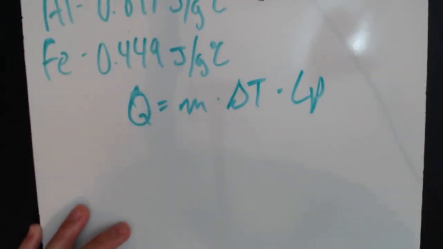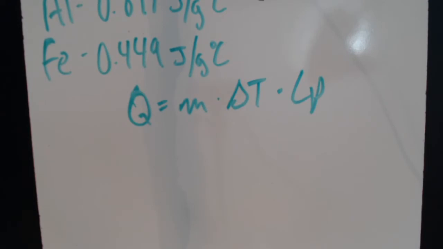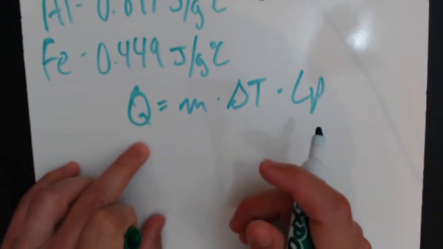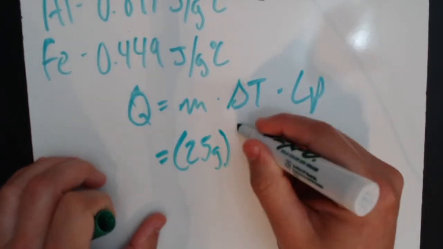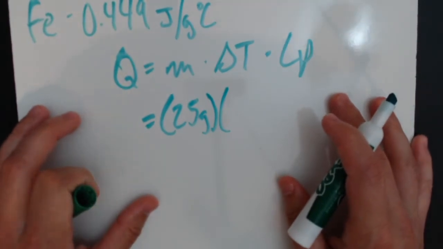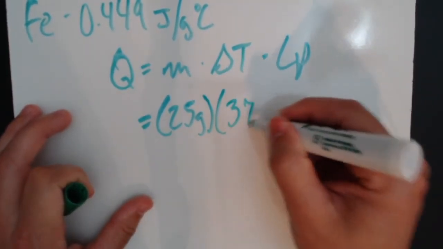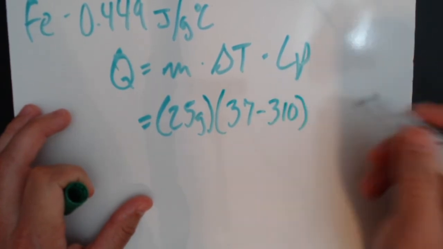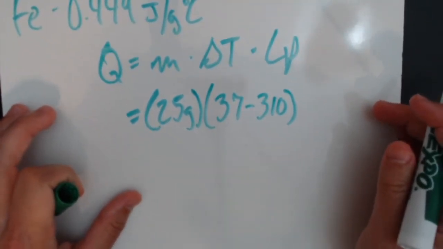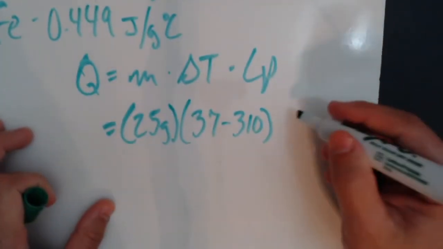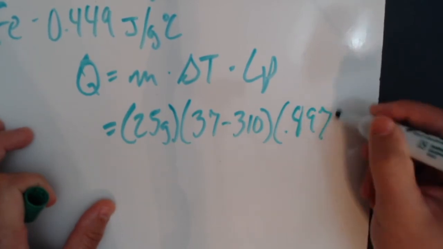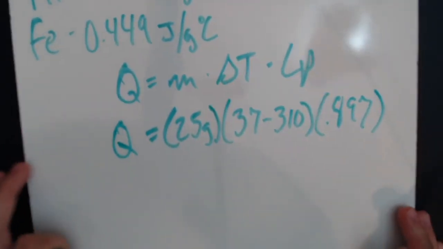We're looking at practice problem number 1 here, and it says how many joules, so we're solving for Q. It says we have 25 grams, so that's our mass. Change in temperature is final minus initial, so final temperature would be 37 minus 310. And then our specific heat for aluminum, I wrote it down up here, is 0.897.